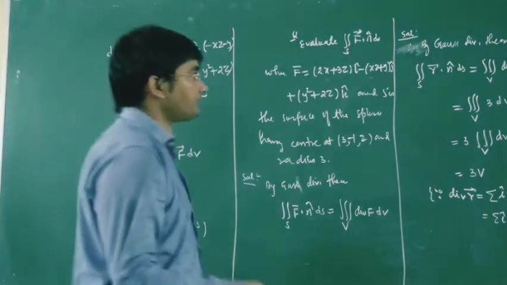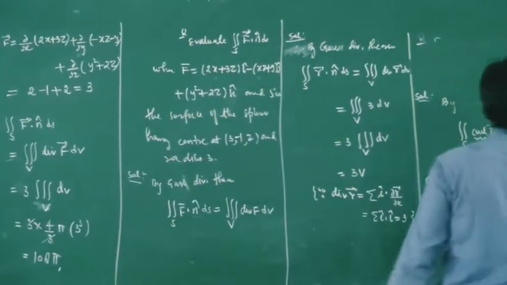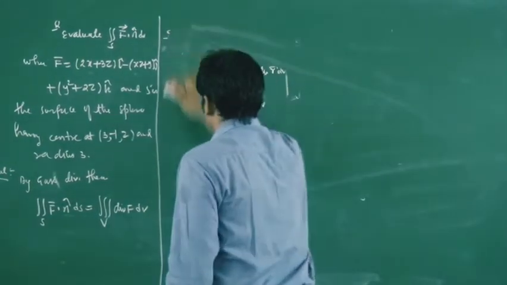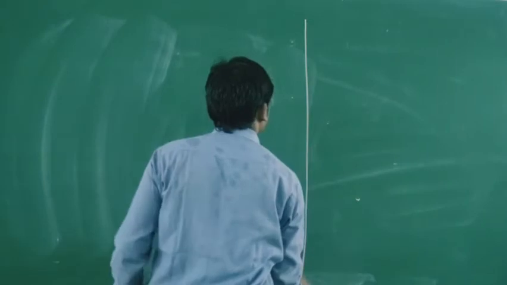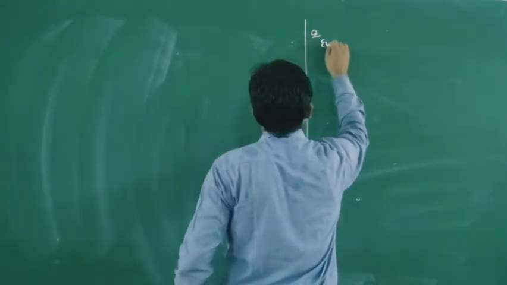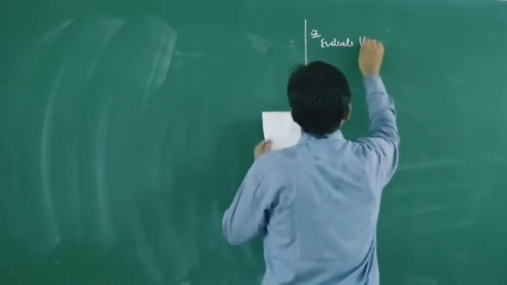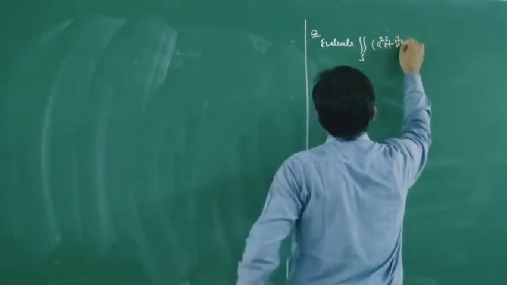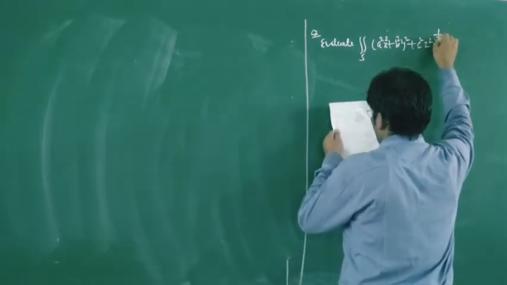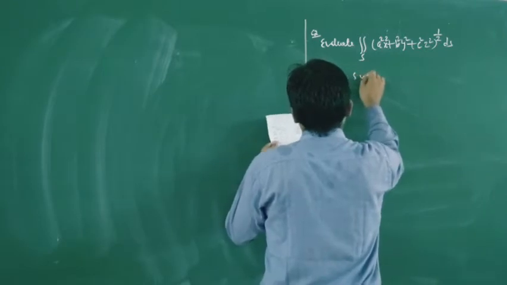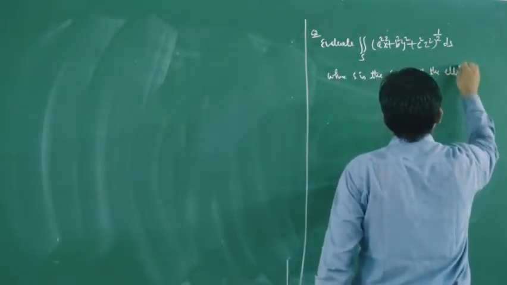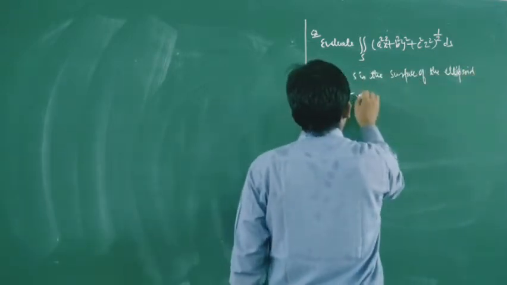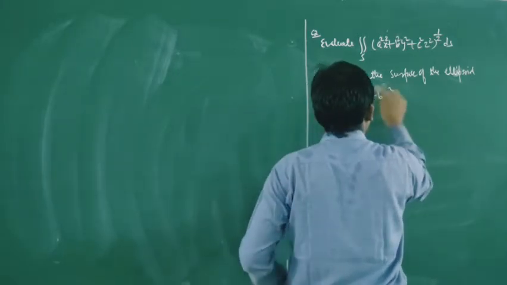Then our next problem is, evaluate the double integral of (a square x square plus b square y square plus c square z square) to the power half into ds, where S is the surface of the ellipsoid ax square plus by square plus cz square equal to 1.